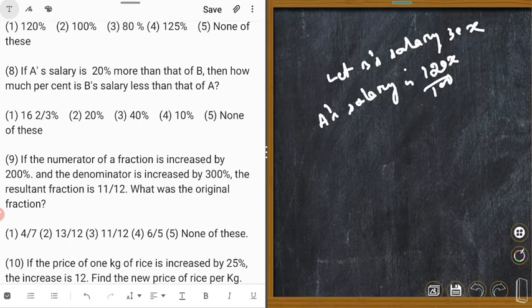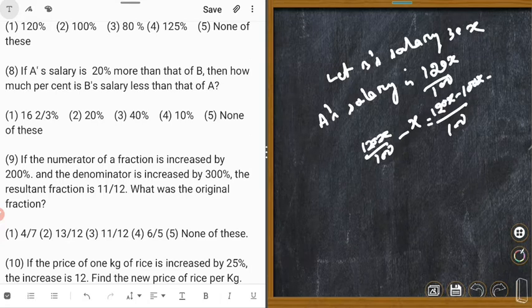B's salary is smaller than A's salary. So 120x upon 100 minus x is equal to 20x upon 100.